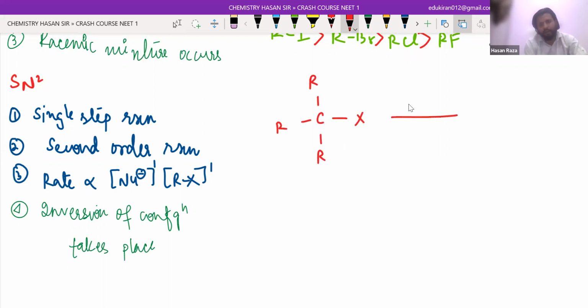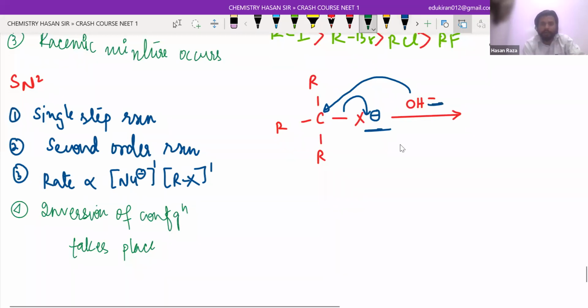It is a single step reaction, and OH minus is there. Now, if X leaves carbon with carbon's electron, there will be a negative charge, and OH minus wants to attack here. But as you can see, this also has negative, this also has negative. So there will be repulsion, and front attack is not possible.